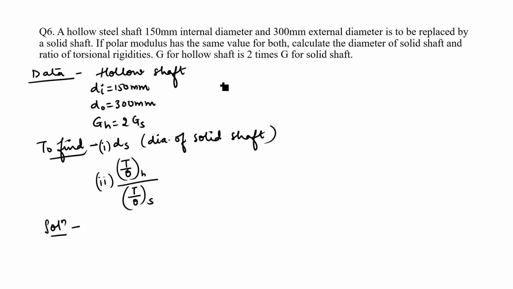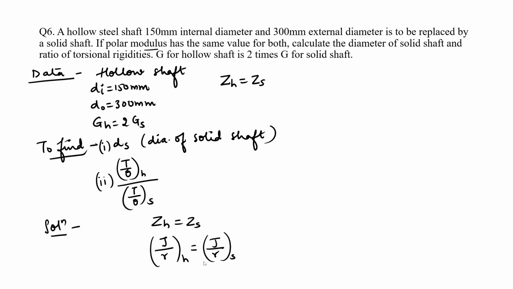Now it is given that the Z value, that is polar modulus, for both the shafts is equal. So it is ZH is equal to Z of solid. And we know the formula of Z is J by R. So J by R for hollow will be equal to J by R for solid shaft.